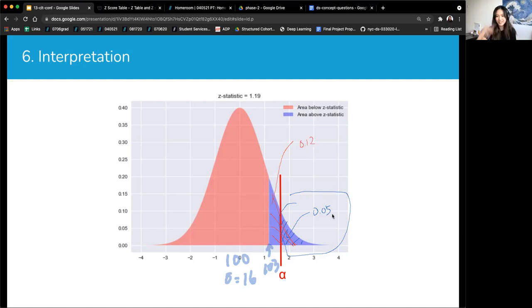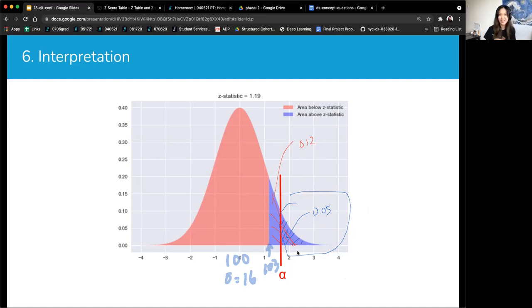Just by drawing it on a diagram and comparing these areas and thresholds, we can see that this 0.12 area falls inside of alpha, if that makes sense.